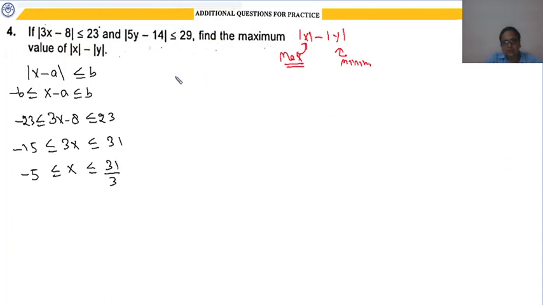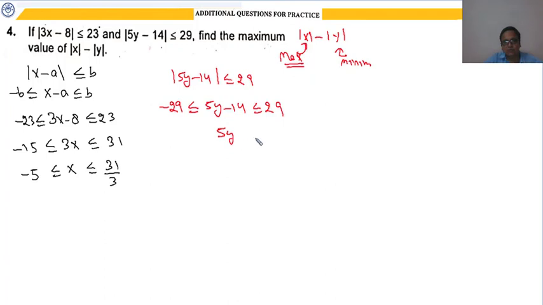Second part says |5y minus 14| is less than or equal to 29. That is 5y minus 14 less than or equal to 29, greater than or equal to minus 29.